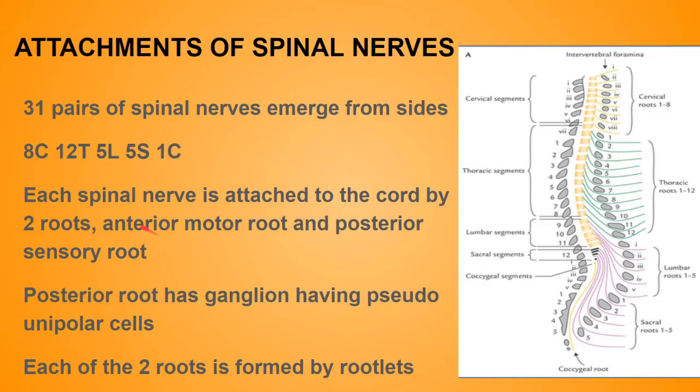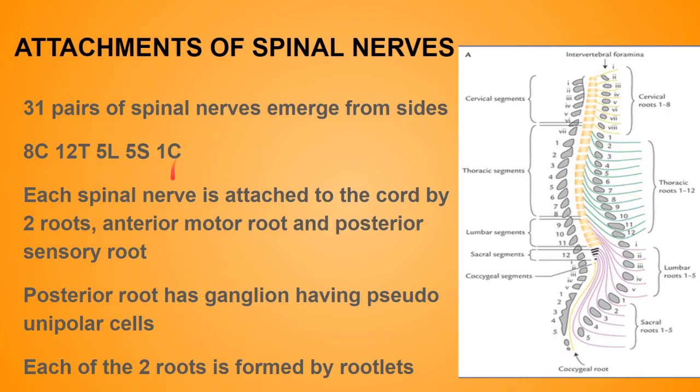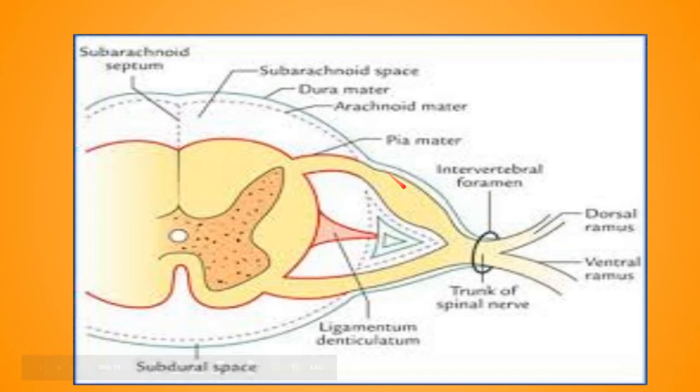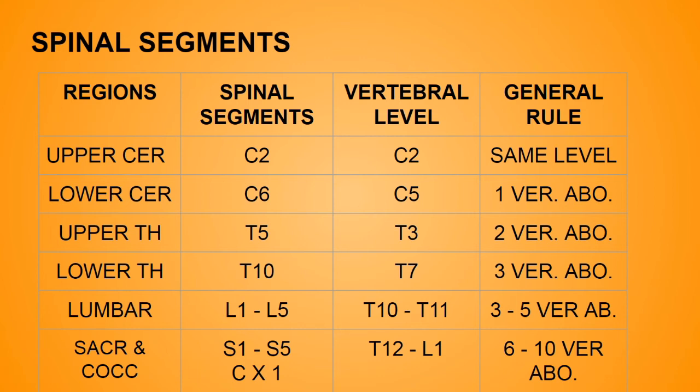The anterior is the motor one, while the posterior is the sensory one. The posterior root has a ganglion containing pseudounipolar cells. This is the posterior root and this is the ganglion of the posterior root, made up of pseudounipolar cells. And each of the two roots is formed by rootlets.